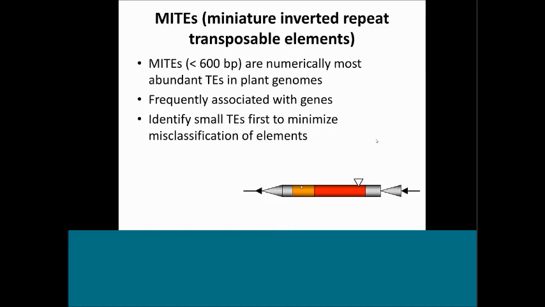A feature of MITEs is that they are frequently associated with genes, in the flanking sequence or inside the genes. We put this step first because we need to identify the small elements first to minimize the chance of misclassification of elements.